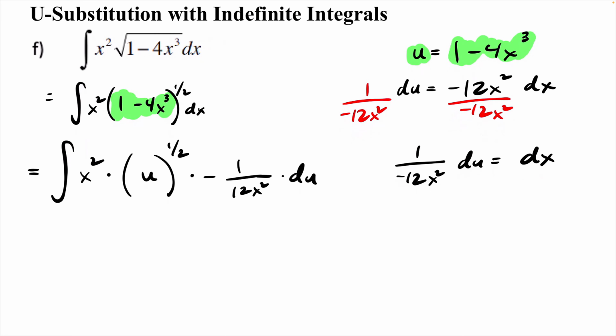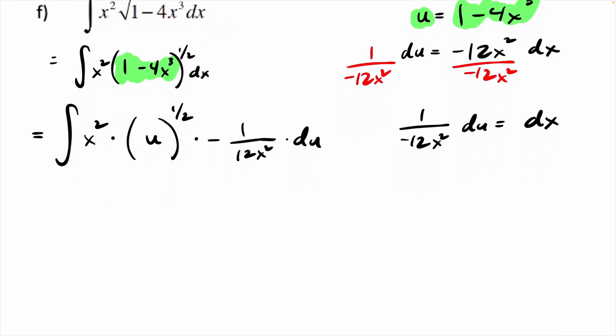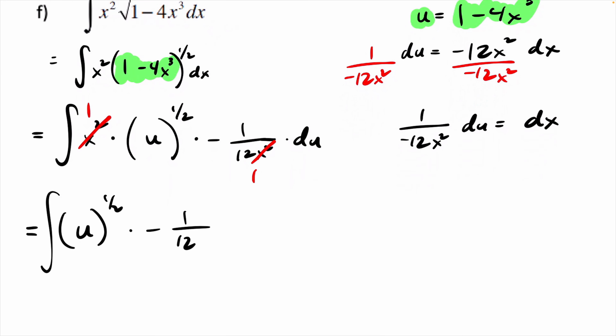Okay. I want the x's to go, I don't want anything other than u's here. And luckily the x's do cancel out, right? X squared divided by x squared makes 1. So I'm left with u to the 1/2 power times negative 1/12 times du.